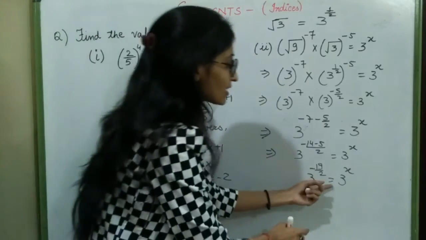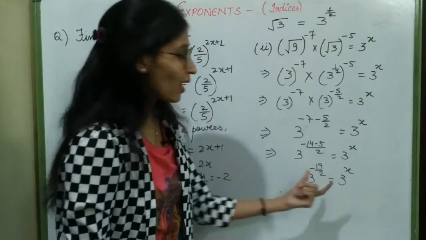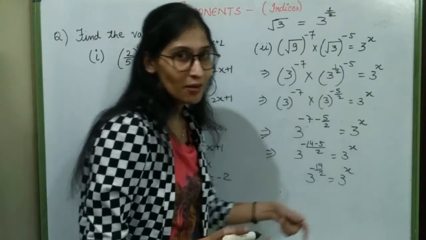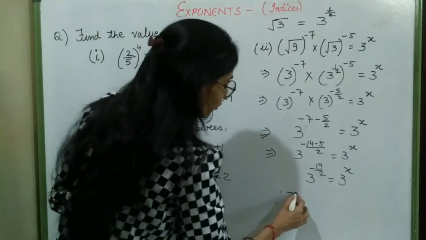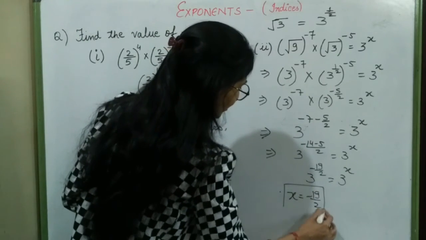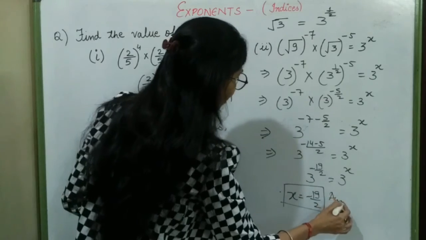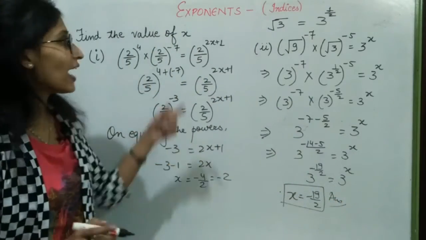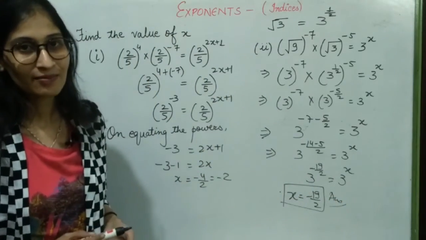Base is same, sign is of equals, so I can now easily equate the powers. My value of x here is minus 19 upon 2. So this is how we are going to find the value of x.